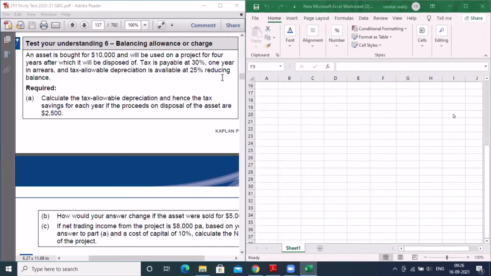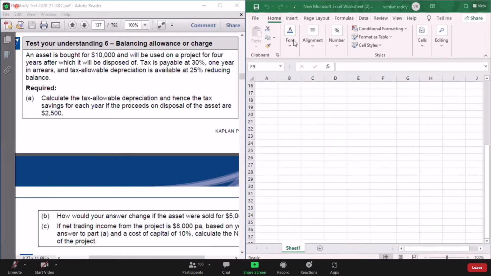So here, what is the first requirement? Calculate the tax allowable depreciation and hence the tax saving for each year, if you are expecting that the proceeds of the disposal of the asset are 2,500. So this is the first requirement. Now I will be showing it in Excel.